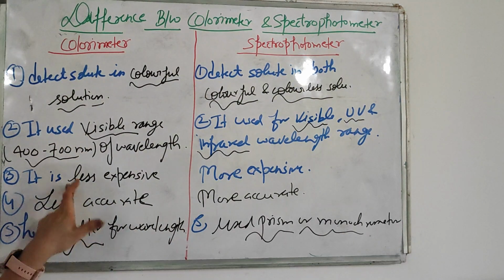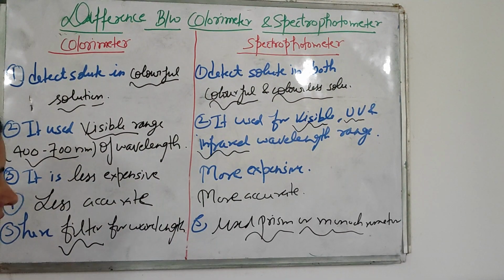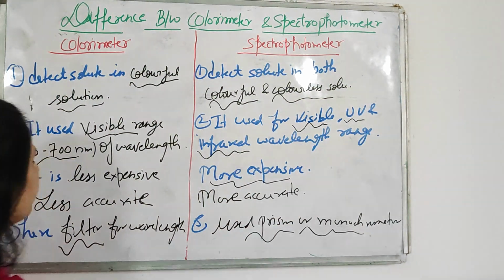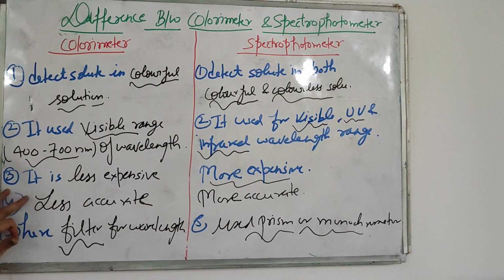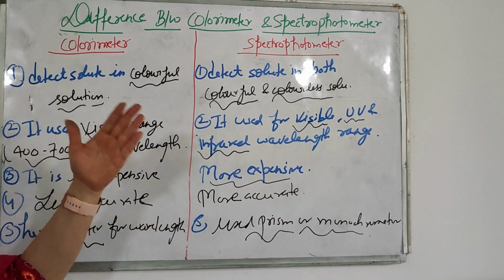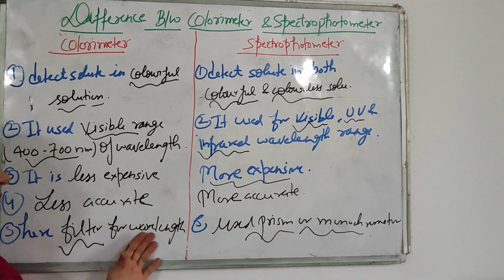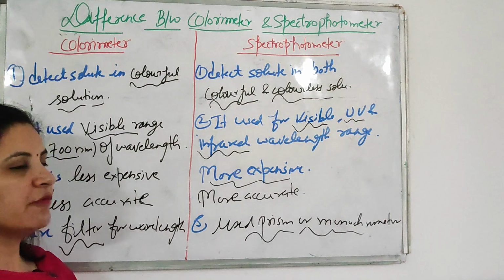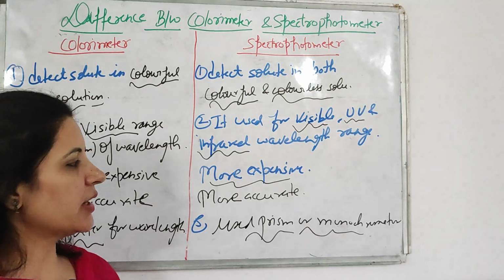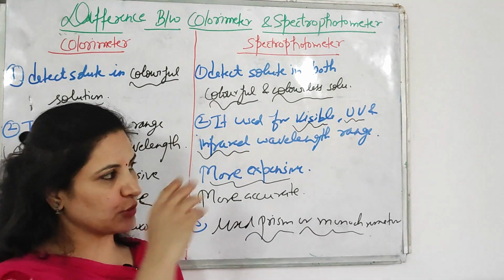Colorimeter is less expensive, while spectrophotometer is more expensive. Regarding accuracy, colorimeter is less accurate, while spectrophotometer is more accurate. And in colorimeter we use a filter for wavelength, while in spectrophotometer we use a prism, also known as monochromator, for splitting the light.